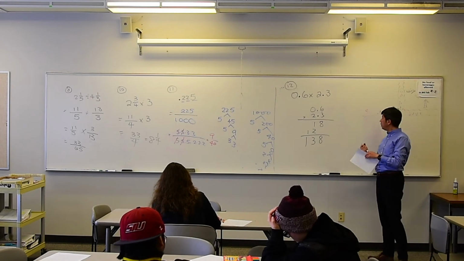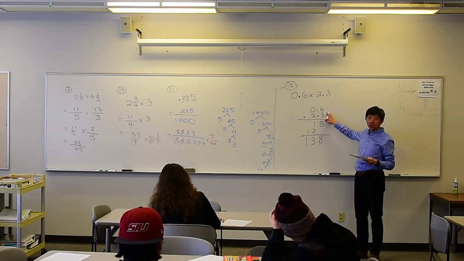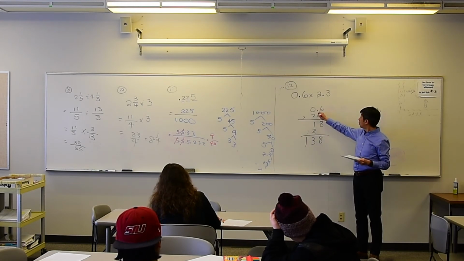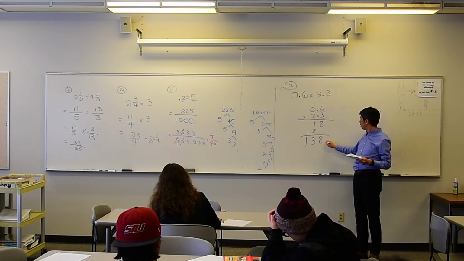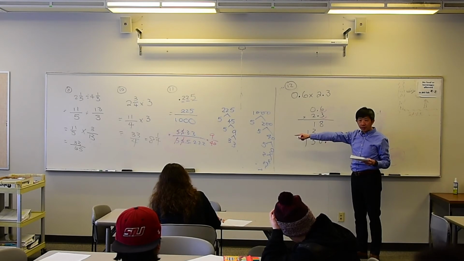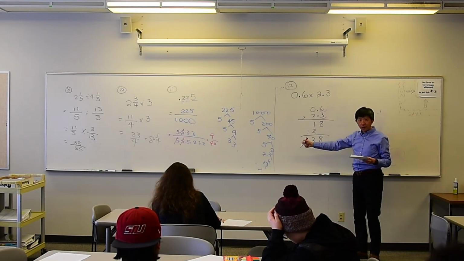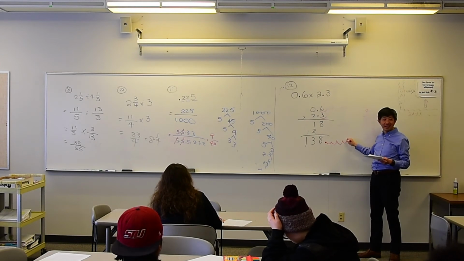And then the teacher says, after that, you count how many decimal points there are. That's the 1, that's the 2, right? So the decimal point goes to the left or to the right? To the left. If to the right, that means the number is getting bigger.